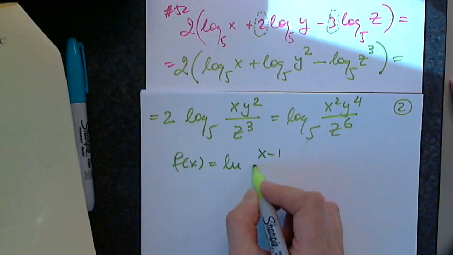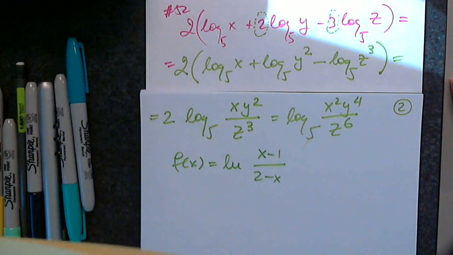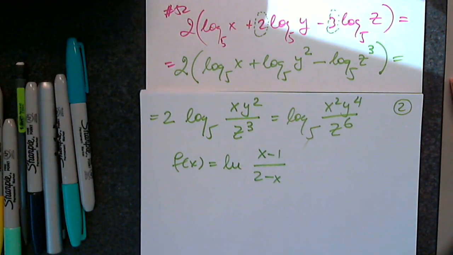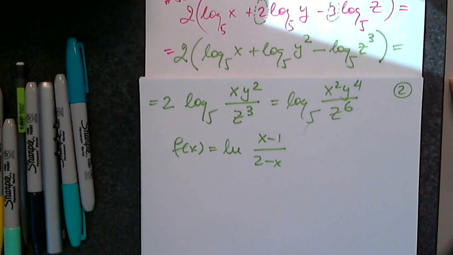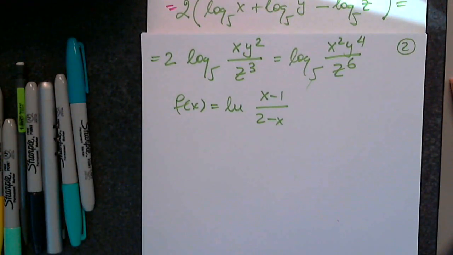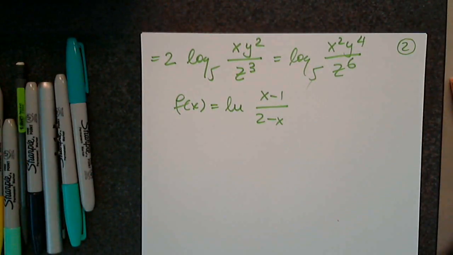Natural log of x minus 1 over 2 minus x. The question is only asking us to find the domain. So, where is the starting point?